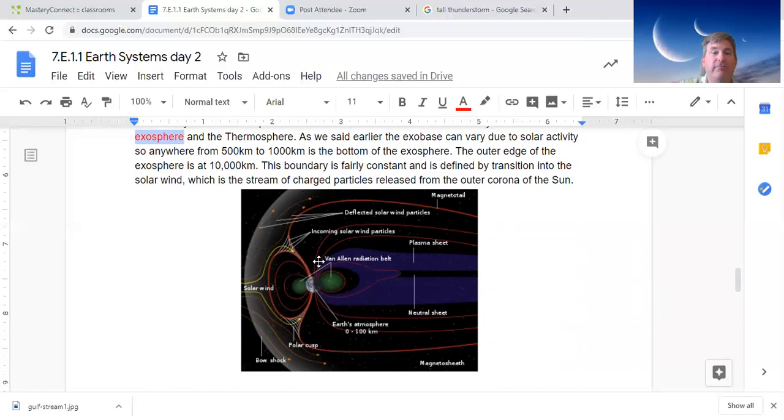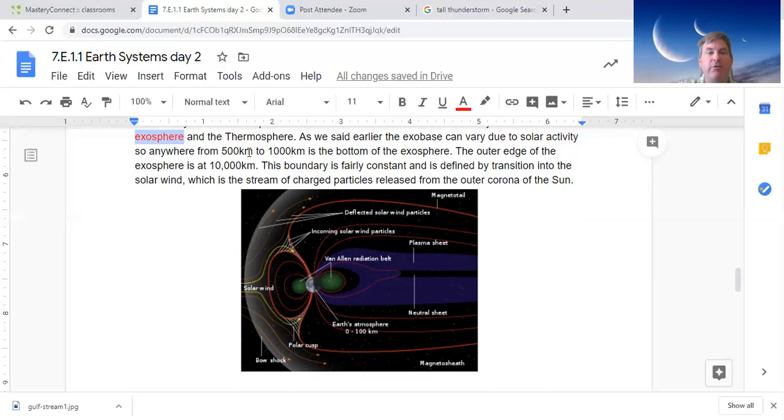Crazy, yeah. But I mean, that's the boundary. So the exosphere boundary is 10,000 kilometers. And the reason we can tell there's a boundary there is because we shift from particles from Earth's atmosphere to particles from the solar wind. Just kind of take that as it is.